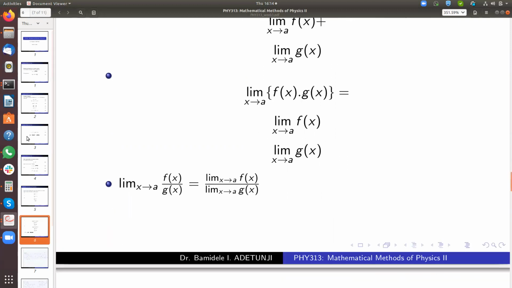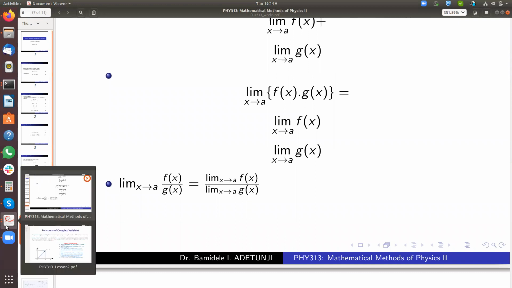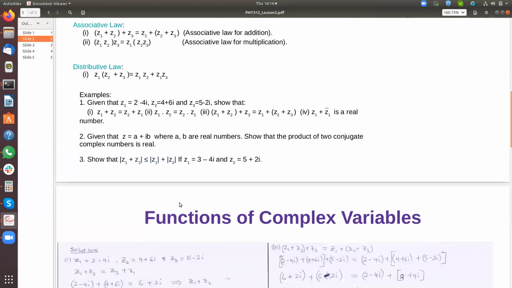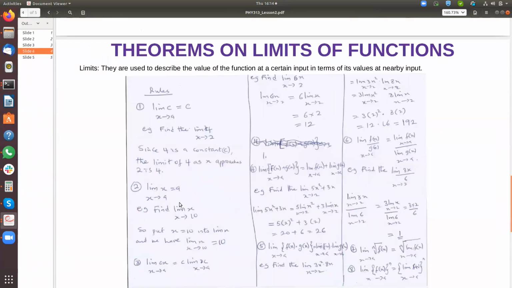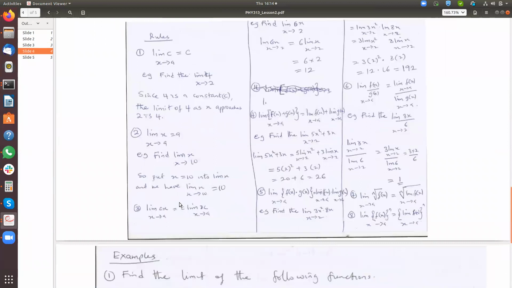Let's look at some examples to get more information regarding this. If you look at the first rule, the limit of c is c. An example is the limit of 4 as x tends to 2.